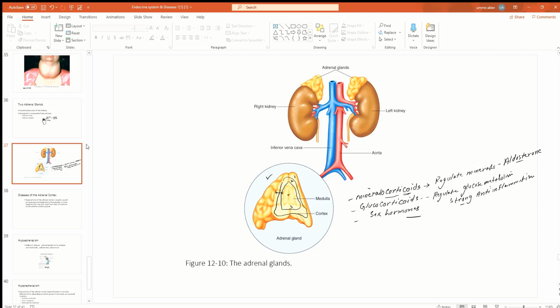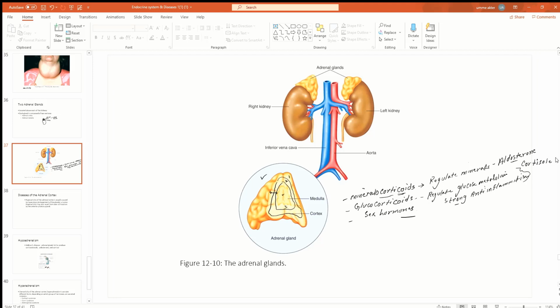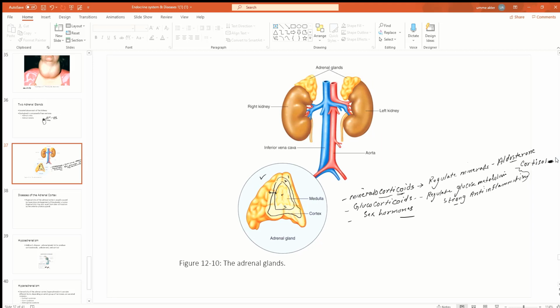And the main hormone of glucocorticoid group is called cortisol. Okay, so cortisol is the main hormone.